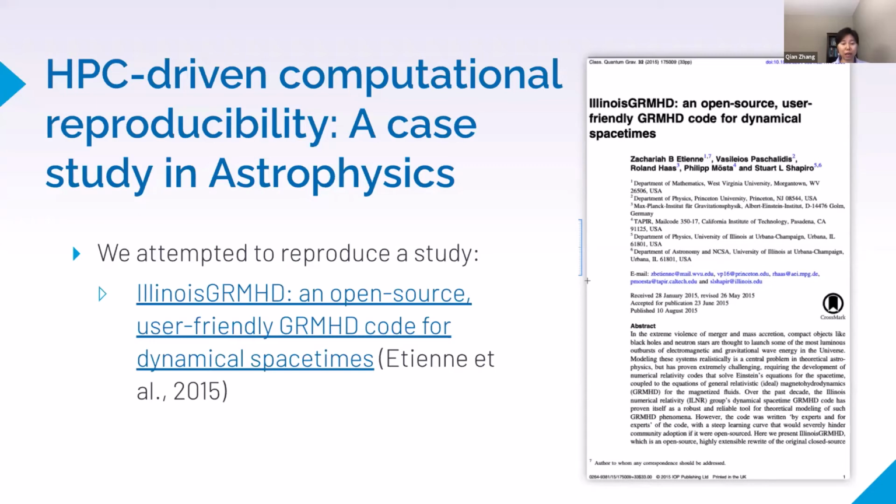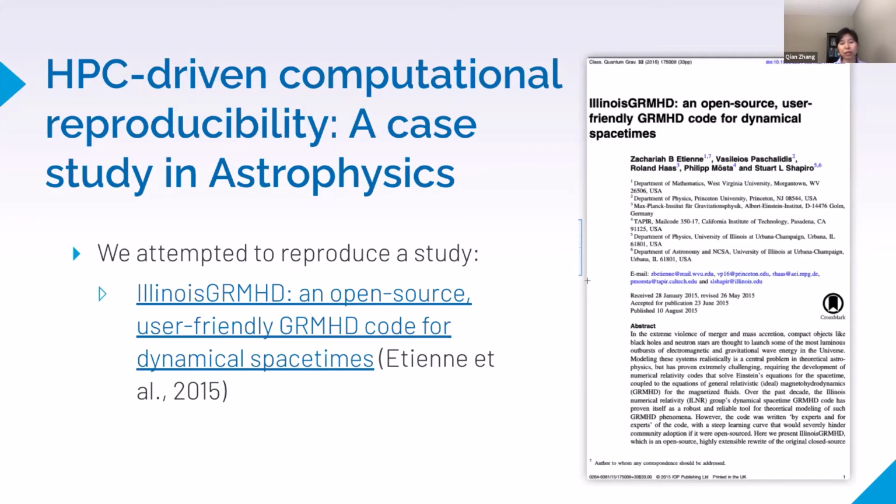I need to mention that this numerical model has now been successfully integrated into the more widely used community-based numerical model, the Einstein Toolkit. Most people know that in the astrophysics field.